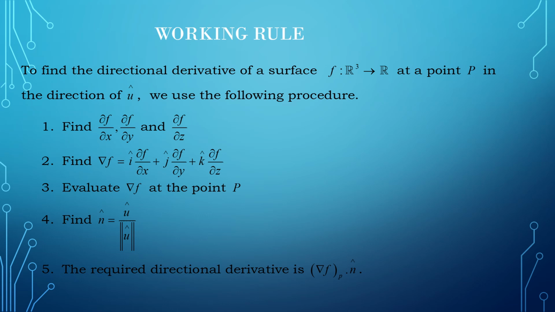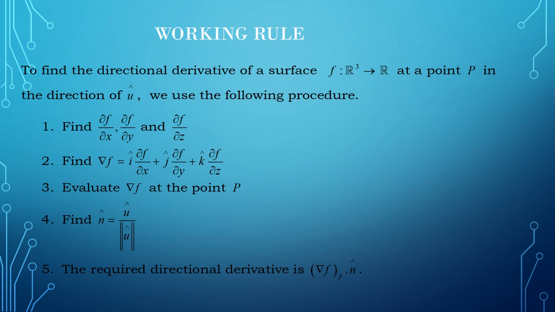In the next step, we consider the given vector u cap. Because we want its direction only and we don't want the magnitude, we find the norm of u cap. We find a unit vector n cap equals u cap upon norm u cap.